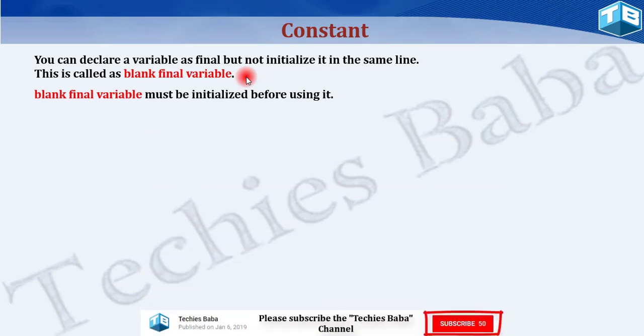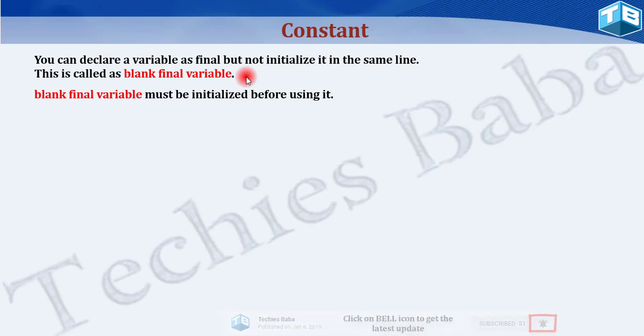If you are not using it, it's fine. It won't report any error. The compiler will not give any error. But if you are going to use the final variable, it must be initialized. If it is a blank final variable, then you have to initialize it before using it. You are not initializing in the same line, but you have to initialize before using that variable.